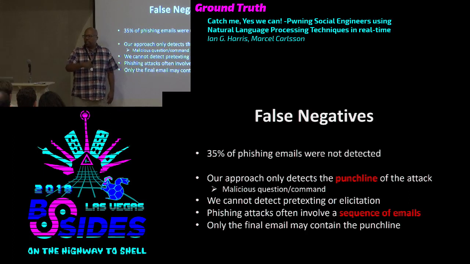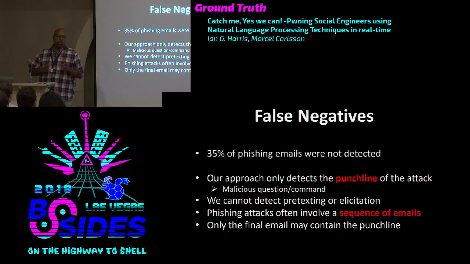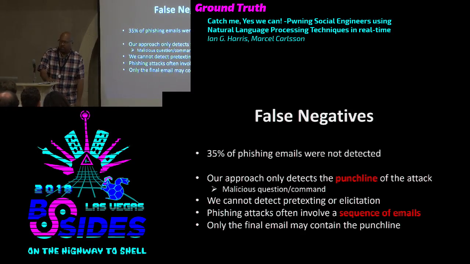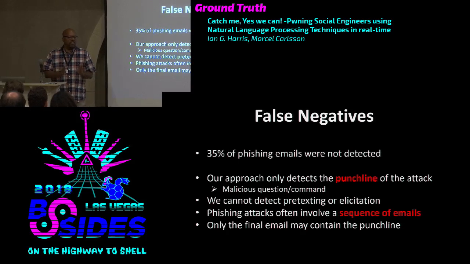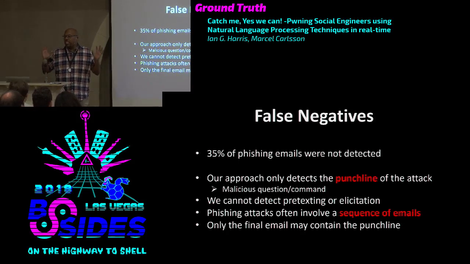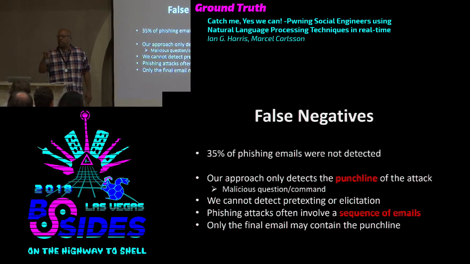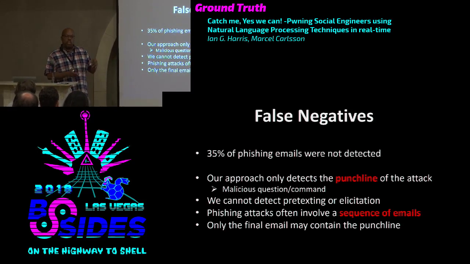The question or command. But in a lot of these phishing emails in the data sets we looked at, they don't have that. They just say, look, hit me back, okay? That's like the most suspicious thing they say. So we don't catch them. And that's not 35%. That's like 80%, 79% of the mails of the ones we didn't catch were just like that.